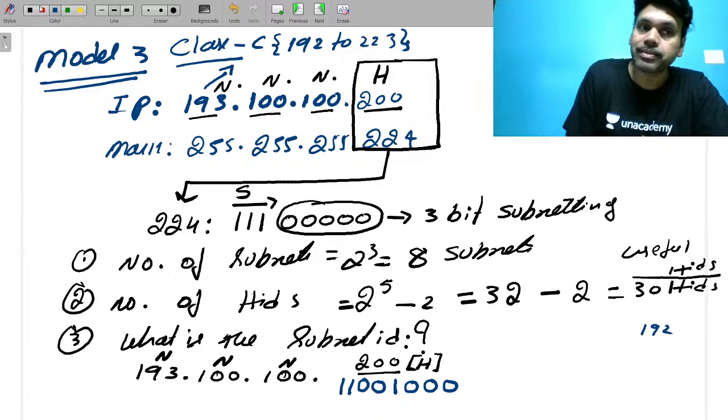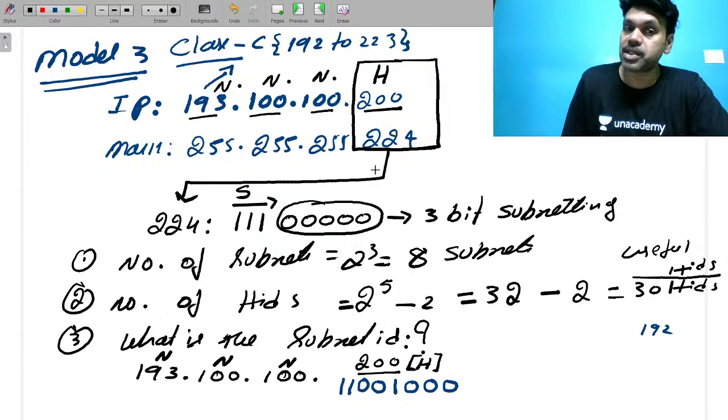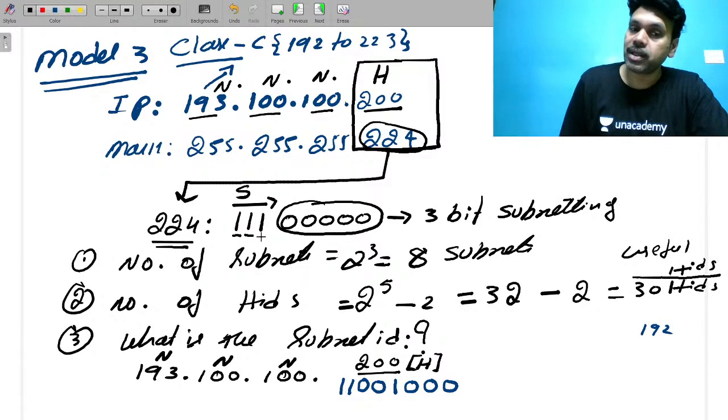Now tell me which positions are subnetted. That is very, very important. In 224, the first 3 bits are subnetted. That is the 128th position, 64th position, 32nd position. Leave those 3 positions; they are your subnetted positions.